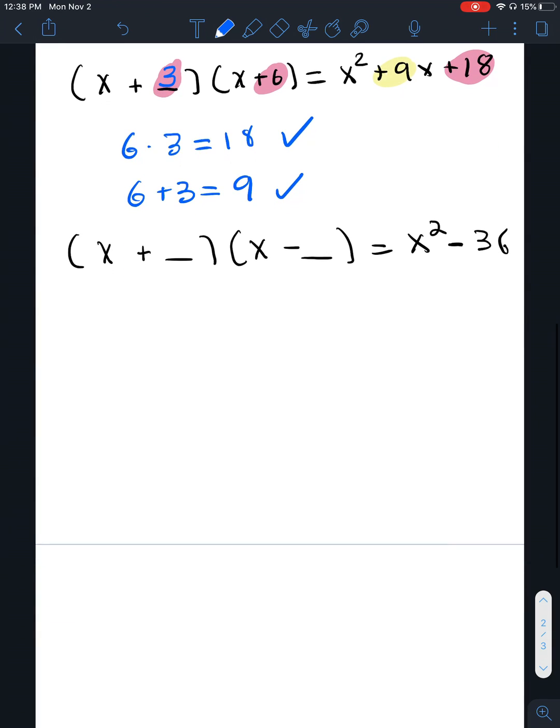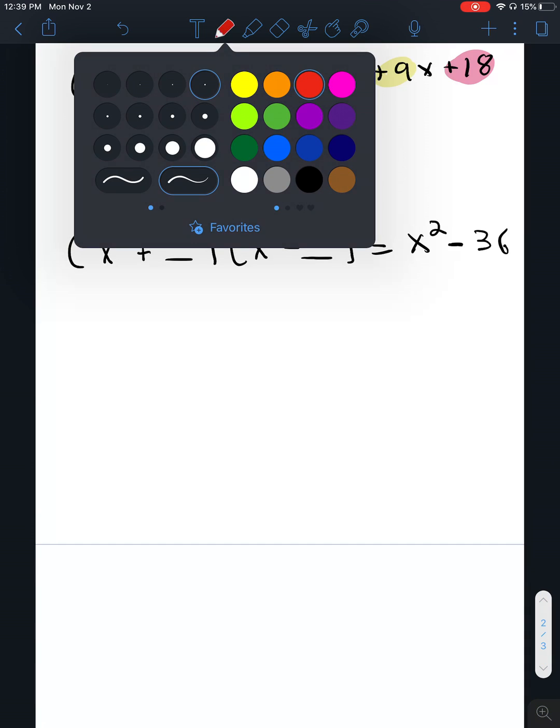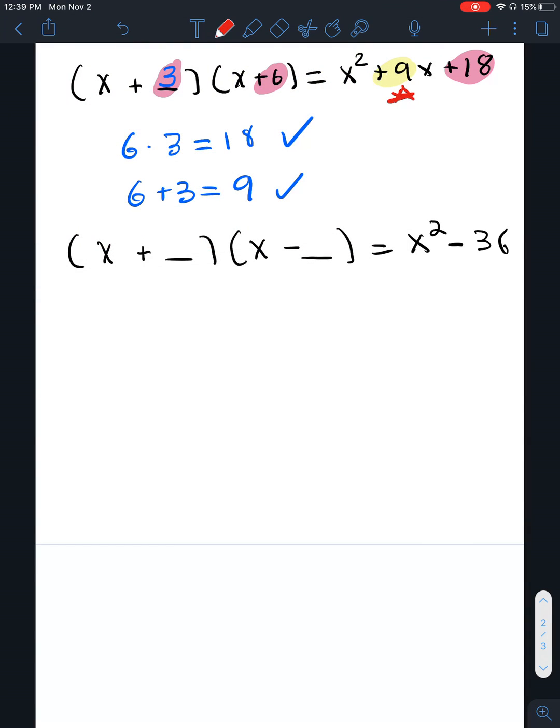When we get to the next problem, which is x squared minus 36, this is a little unique. I'm missing something. So the question that you have to ask yourself is, when you're missing that term in the middle, the equivalent to that 9, I don't know if you realize, but the previous problem has a 9. This problem is missing that term in the middle.